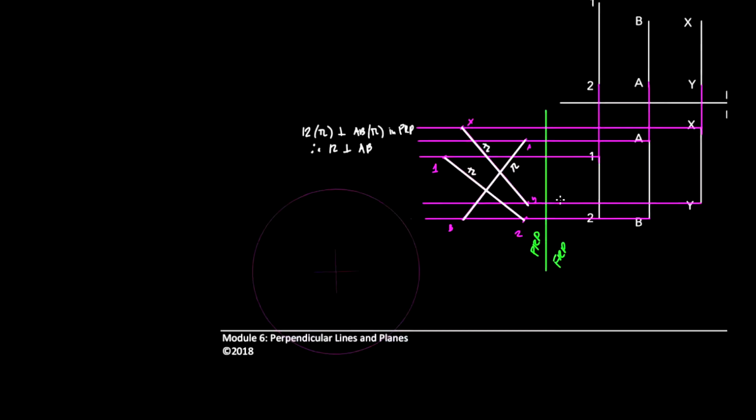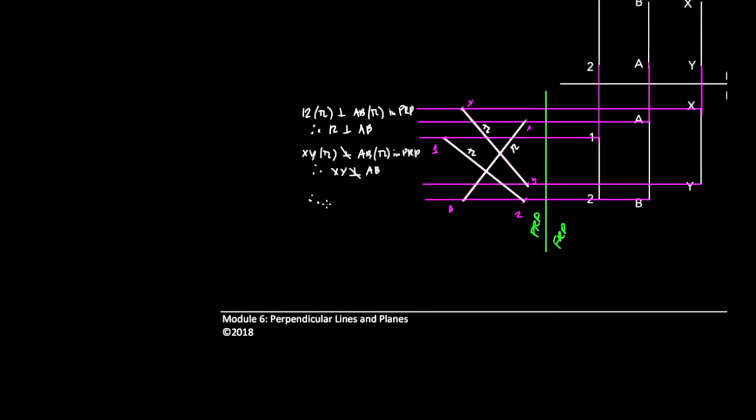So, if I complete it, I can do XY, which is in TL, is not perpendicular to AB, also in TL, in PRP, and therefore, XY is not perpendicular to AB.